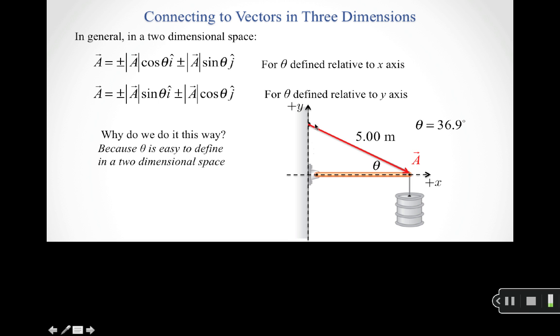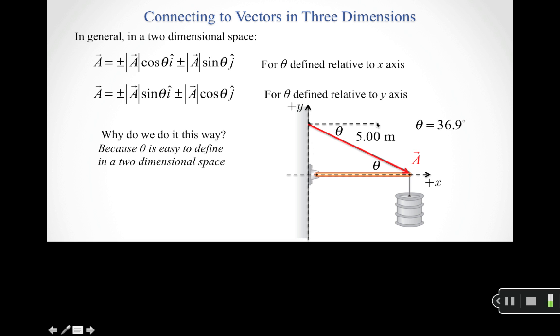So if I have a vector, say vector A, that runs from the point where the cable attaches to the wall to the point where it attaches to the beam, and I want to break that up into its components, we would use our angle theta here, and the same angle theta here.